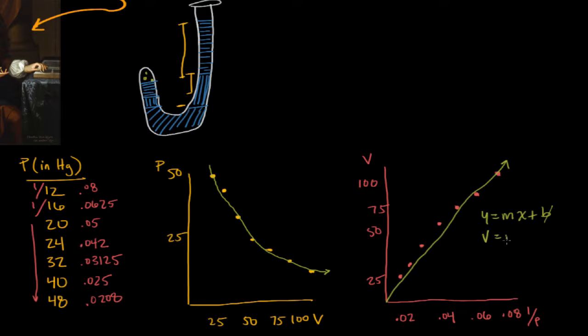So let's fill that in here. If we call our slope k instead of m, just using a different letter, then we get V = k times 1 over P. And multiplying both sides by P would give us PV = k. Or in other words, the product of the volume and the pressure for a gas is a constant value, just like we see in the ideal gas equation.